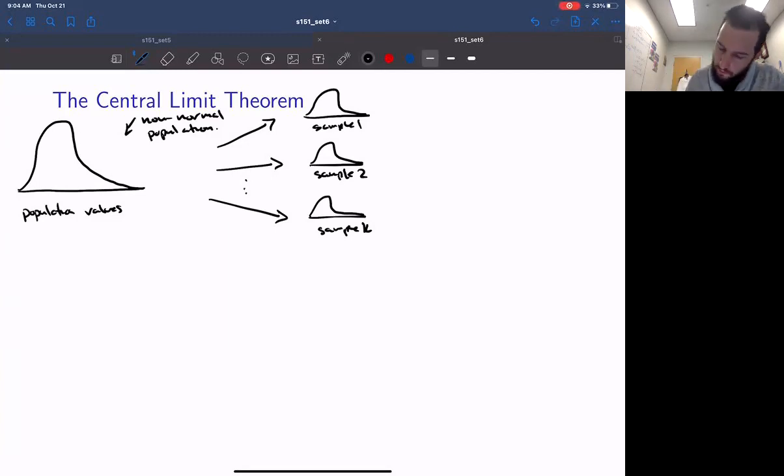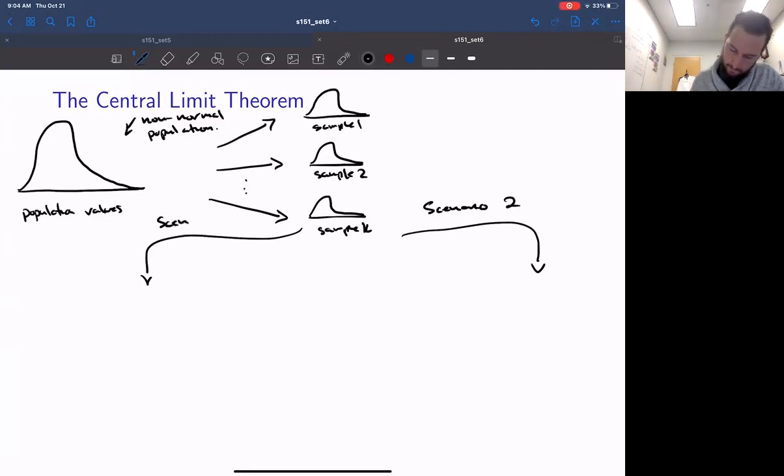So now we have two scenarios. Suppose in scenario 1, n is less than 30.